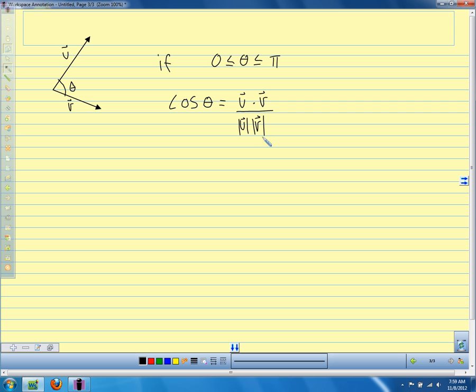So using the dot product, we can determine the angle between our vectors.